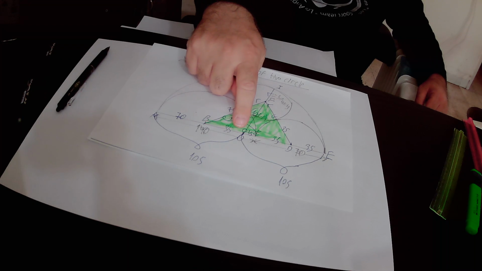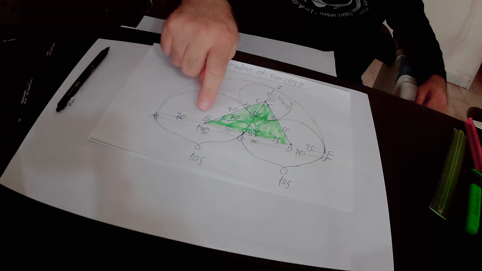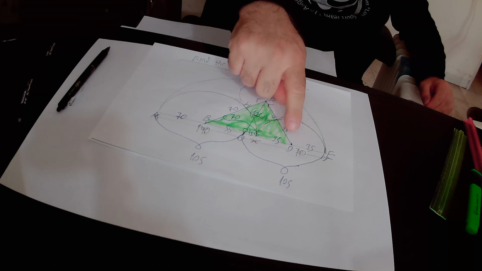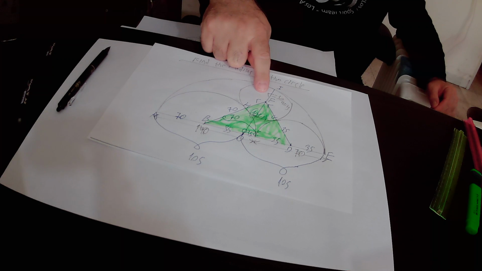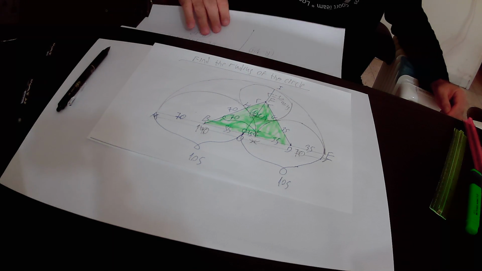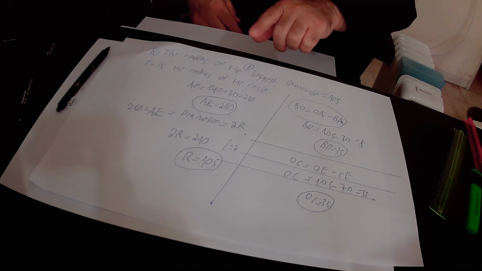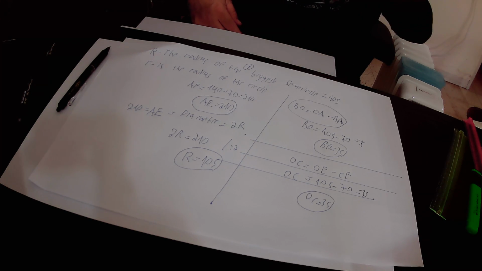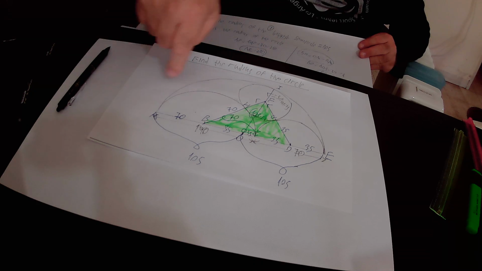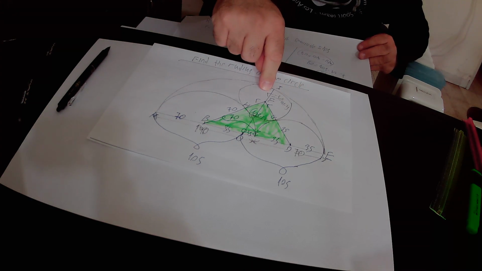The center of the biggest circle is at point O, the center of this semicircle is at point B, the center of the smallest semicircle is at point D, the center of this circle is at point F, and we defined capital R as the radius of the biggest semicircle, and small r as the radius of this circle.